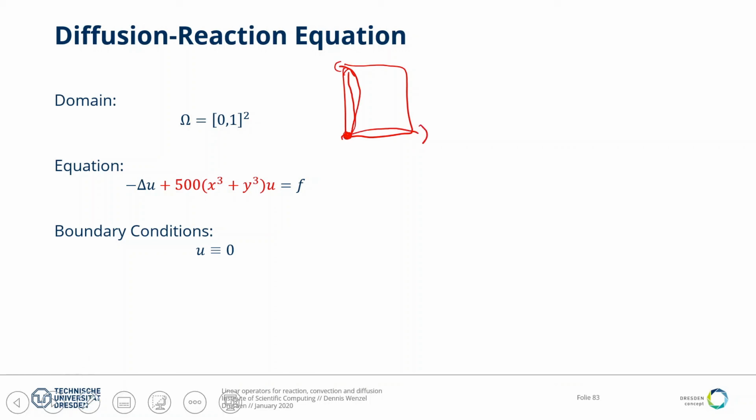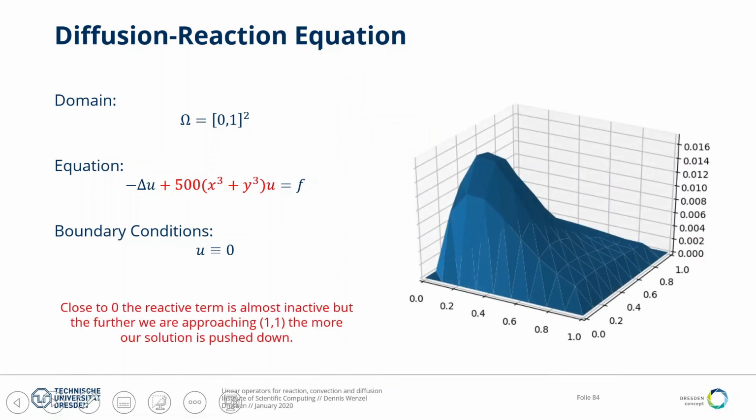What this is doing is it leaves the membrane behavior more or less unchanged close to the point 0, 0, because nothing is happening. And over here, when this reactive term becomes larger and approaches this actual value of 500, then you see that this pushes the solution down, because that's the argument I was talking about before. So you again have your constant right hand side here, and if it adds up to this, then there must be very little of u present somewhere.